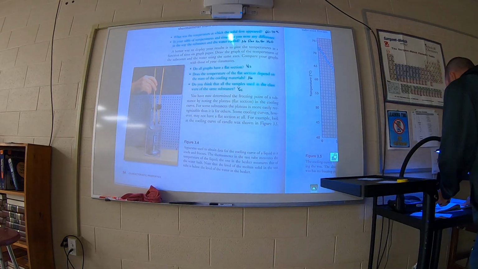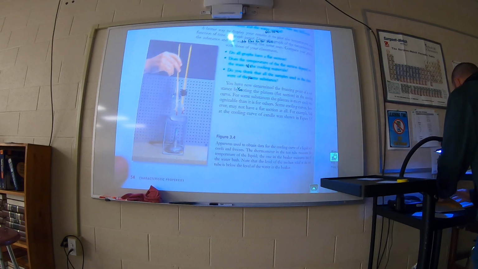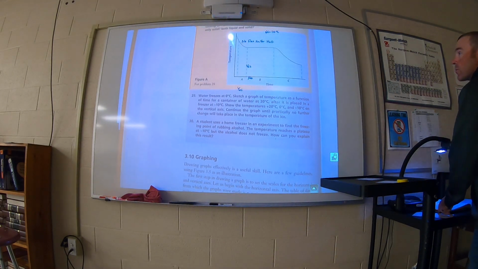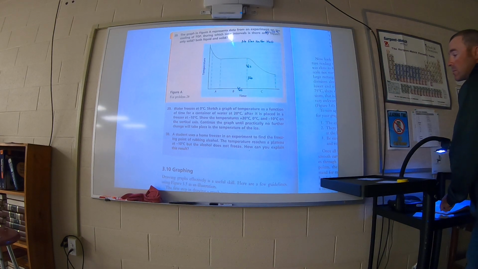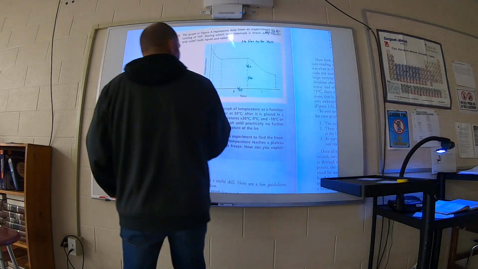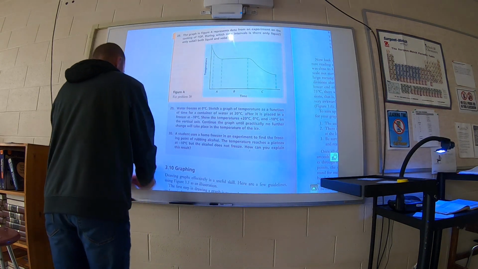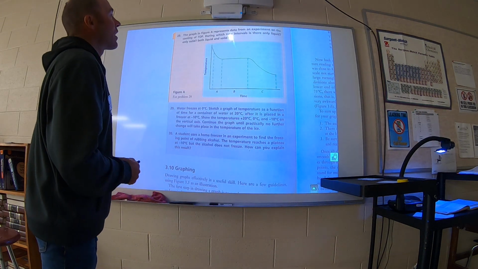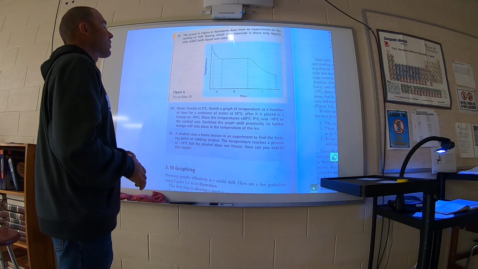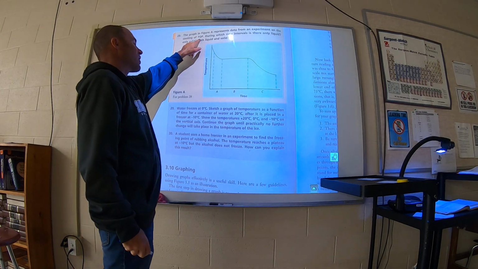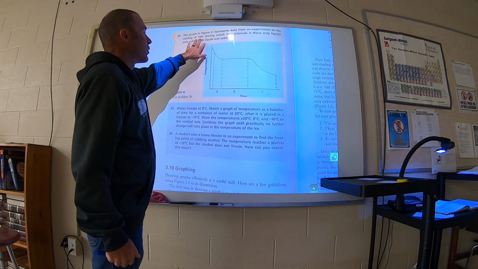So let's go on to the questions at the end, 28 through 30. Number 28. It says the graph in figure A represents data from an experiment on the cooling of TOP. TOP is just an abbreviation for some sort of a food preservative.